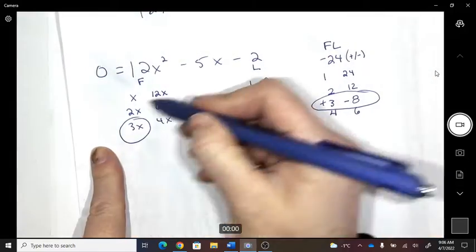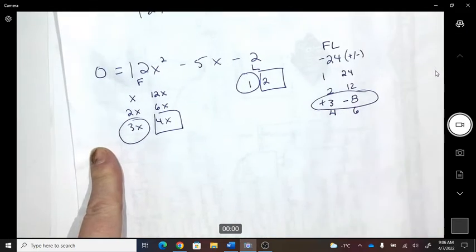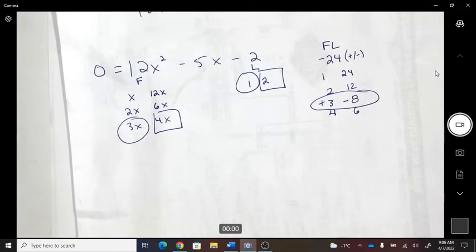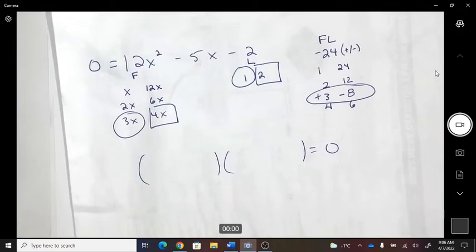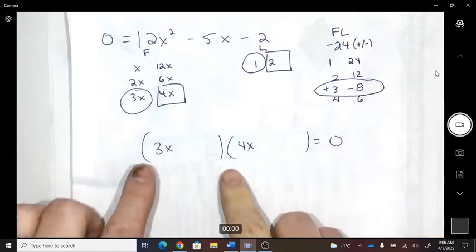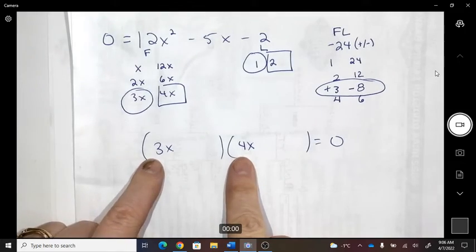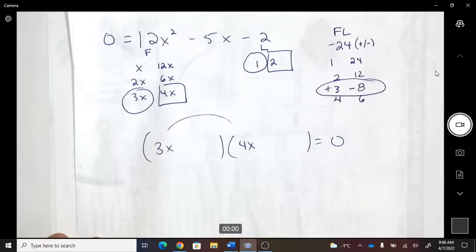So I'm going to partner 3 and 8. You see how I'm getting a 3 and an 8? Okay, so my two brackets, I'm going to put the 3x and the 4x in the first times first, because I'm thinking about that FOIL the whole time. First times first has to make 12x squared.